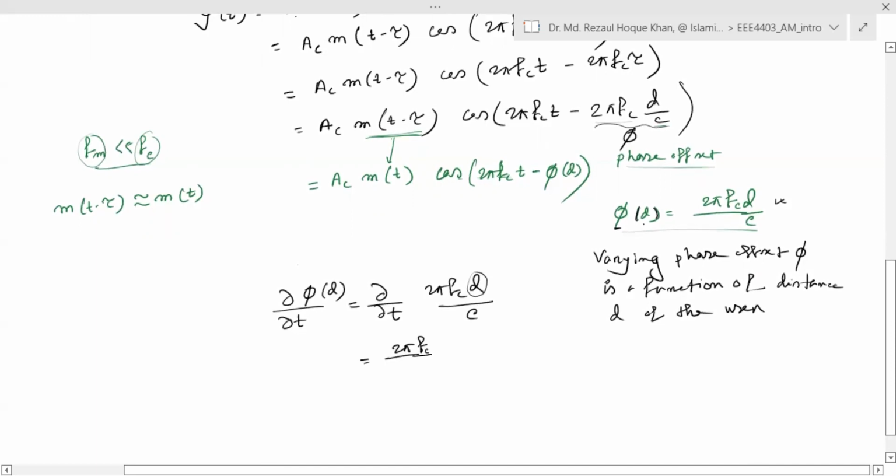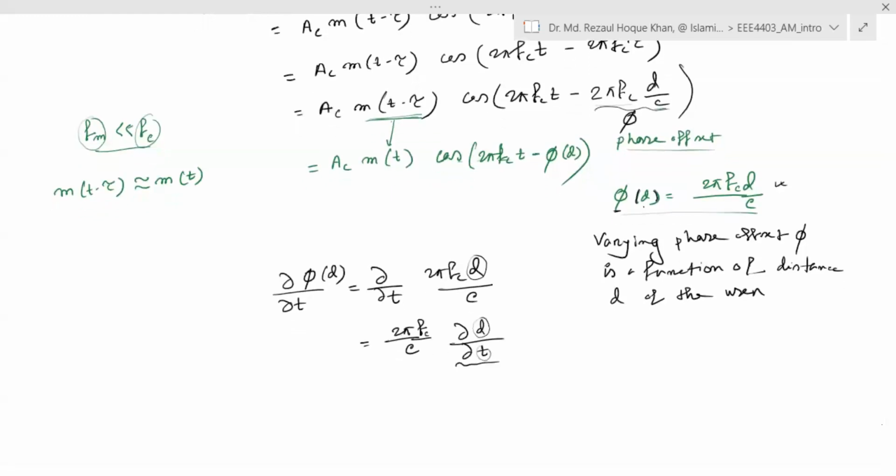What is this? This is the change of distance with time, isn't it? What is the change of distance over time?